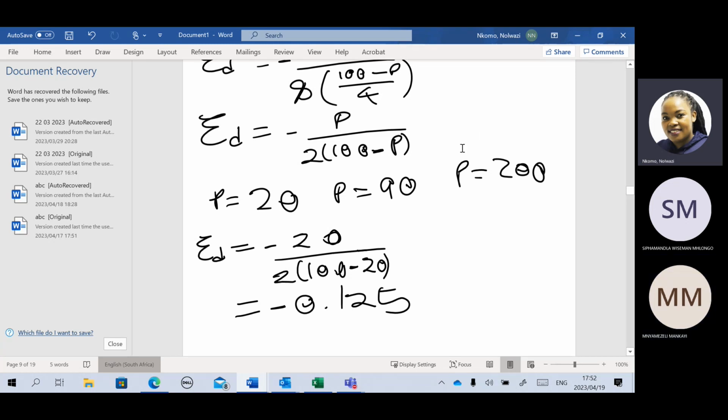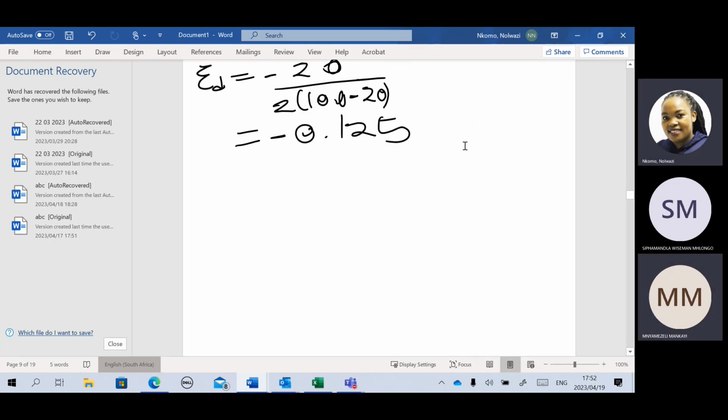Remember, we have to look at the absolute value of the elasticity of demand. So we have the elasticity of demand as minus 0.125.